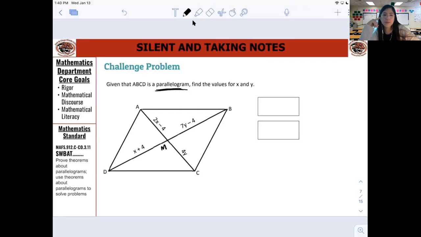What are some relationships that I can turn into an equation? Look at what you have. Which relationship can I use in this situation?